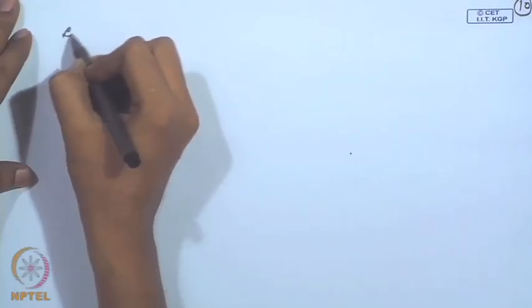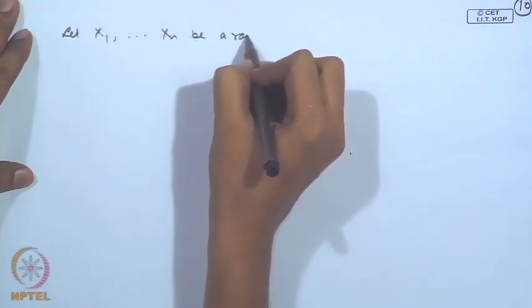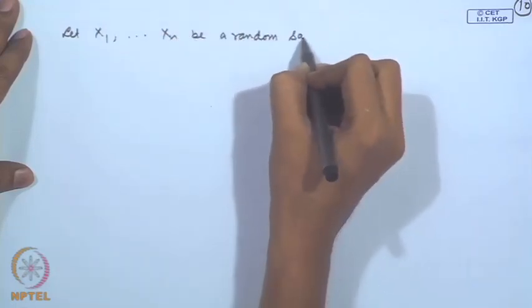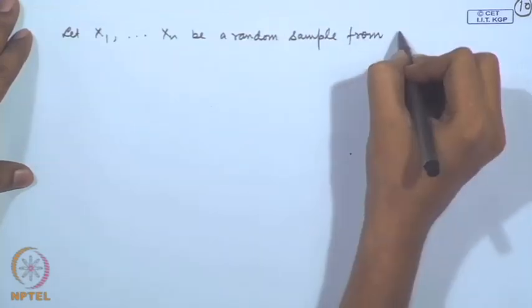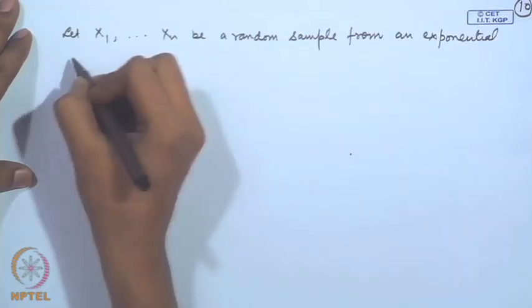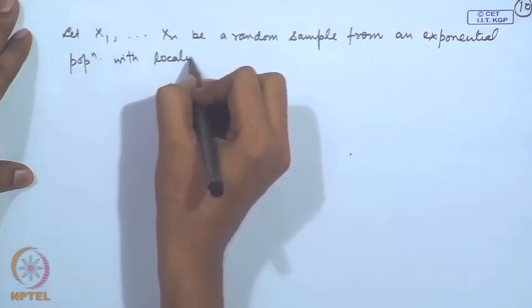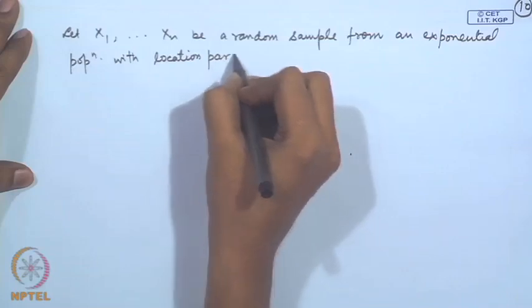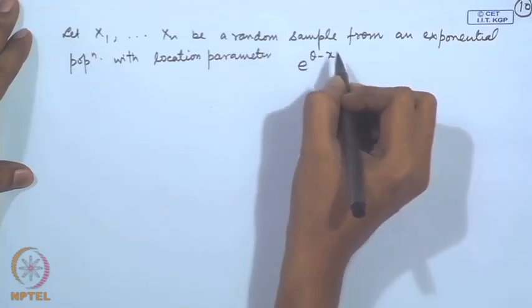However, if the distribution is not in an exponential family, let us consider one example. Let x 1, x 2, x n be a random sample from an exponential population with location parameter. That is e to the power theta minus x is the density function.